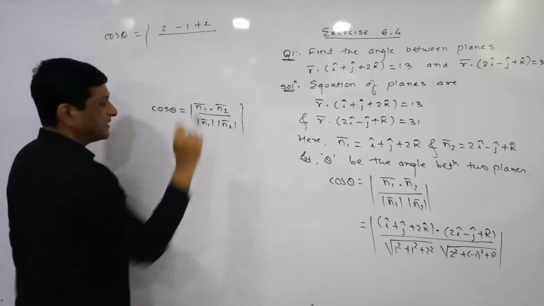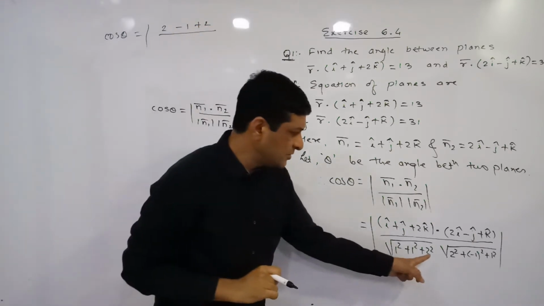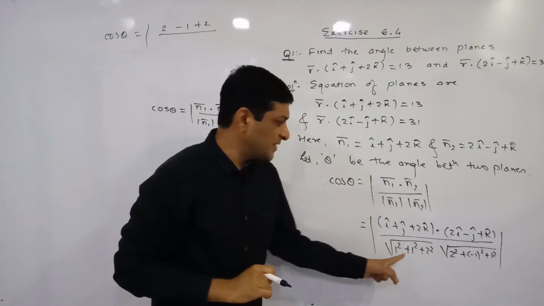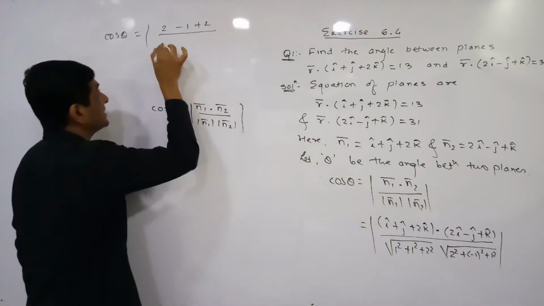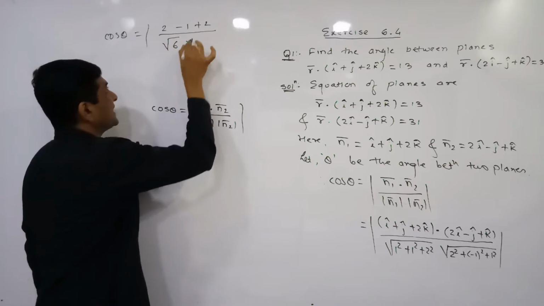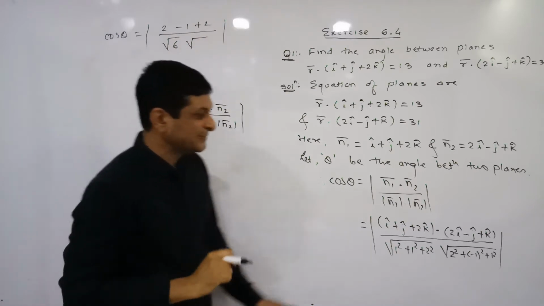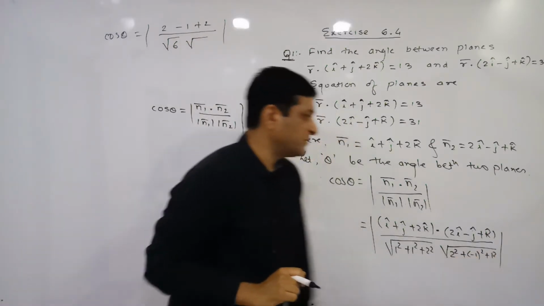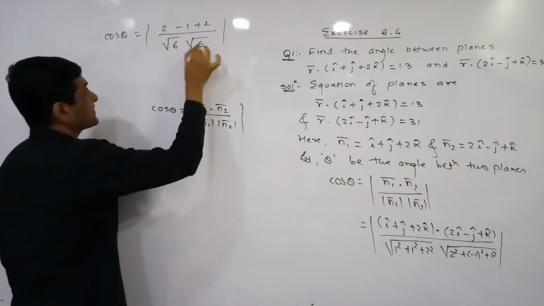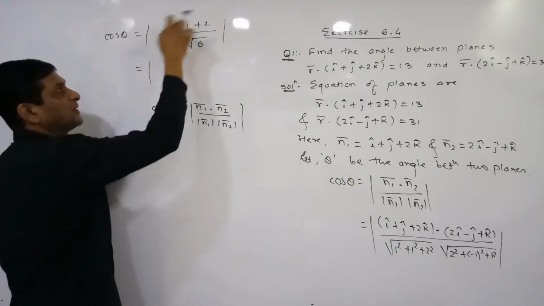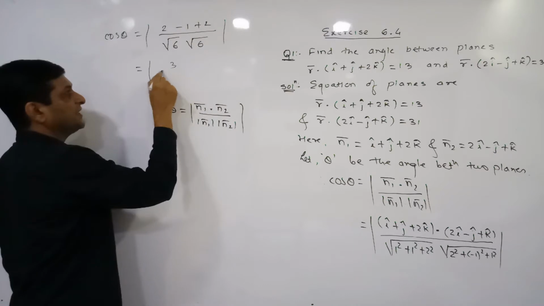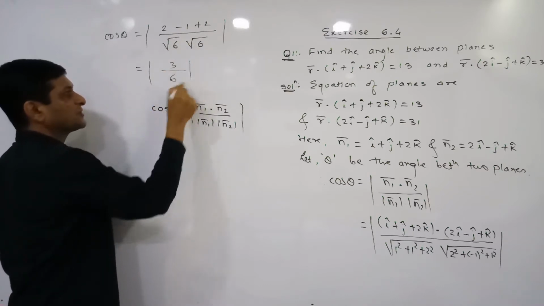In the denominator, in the first root, 4 plus 1 plus 1 gives 6, so root 6. In the second root, we also get 6. In the numerator, 2 plus 2 is 4, 4 minus 1 is 3, and in the denominator, root 6 into root 6 is 6.